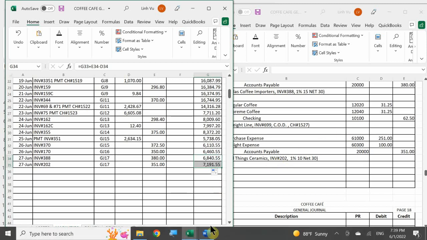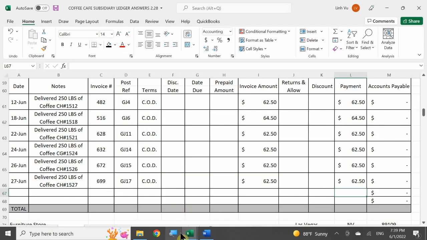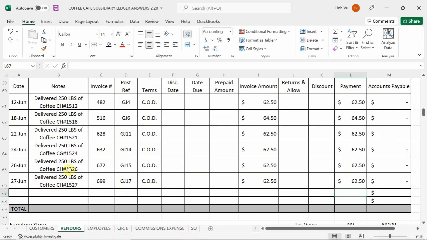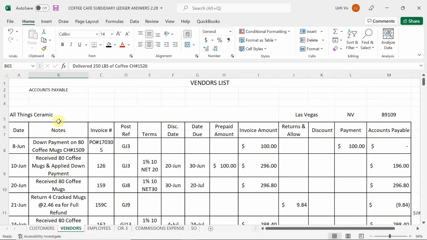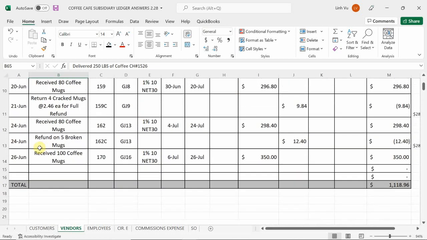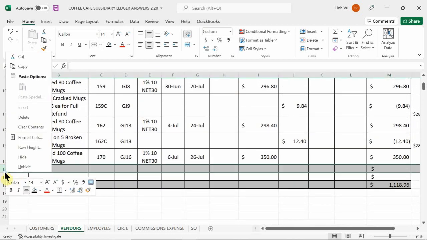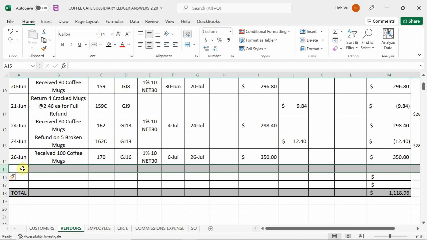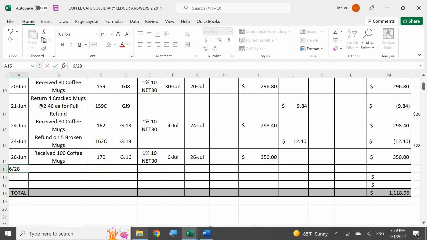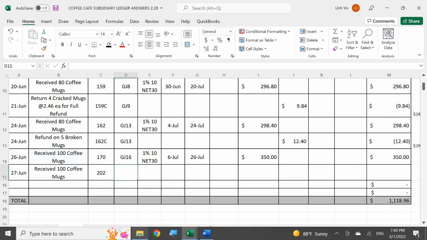Okay. Well, we have to update our subsidiary ledger because now we owe all things ceramics more money. So I'm going to insert a row here. Okay. So that's the 27th. Okay, we received 100 coffee mugs with invoice number 202, General Journal 17, with the net 10 or net 30 discount at 10.